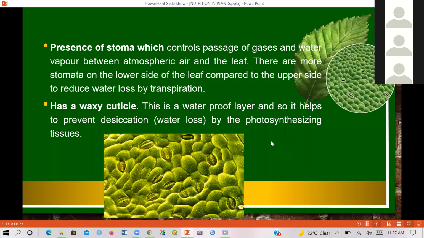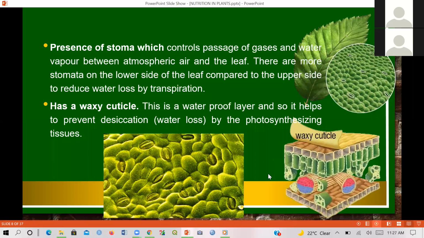Just imagine plants were letting out water on the leaf surface. Because of the waxy cuticle, it's able to conserve its water. So the water is only lost through the stomata. But on the upper surface of the leaf, it is waterproof. So waterproof simply means no water gets out through that part.